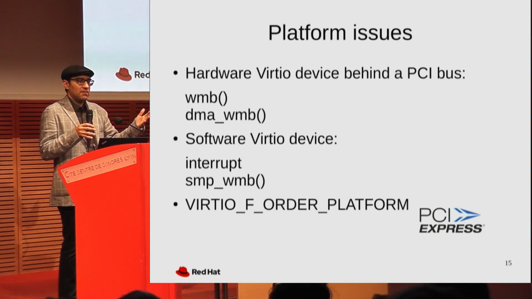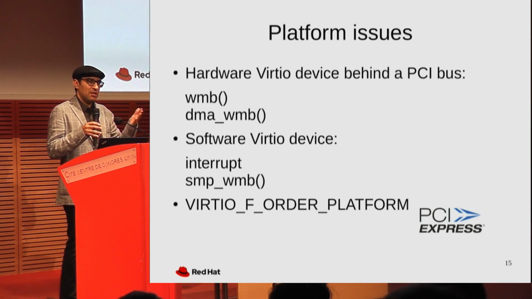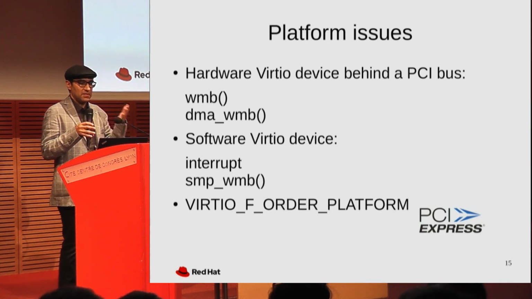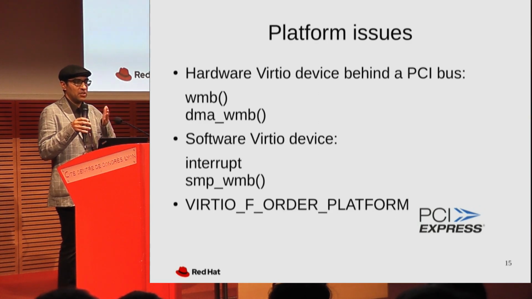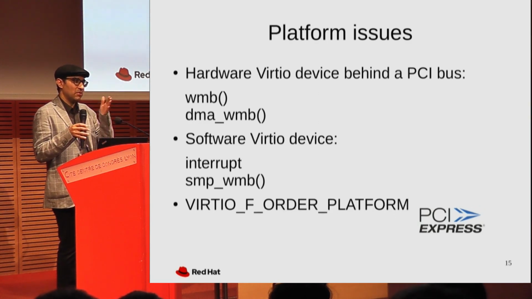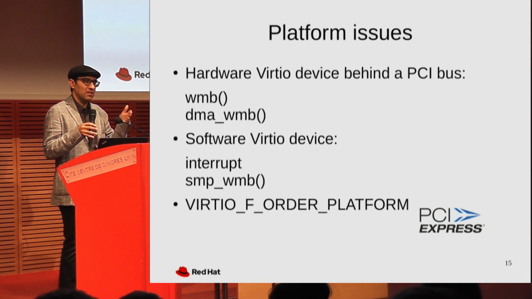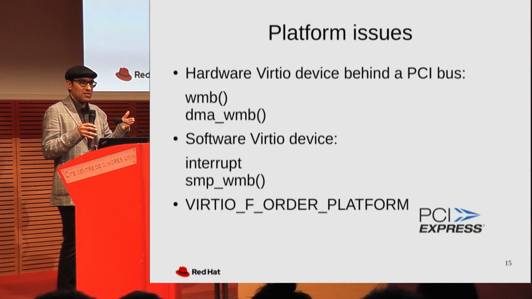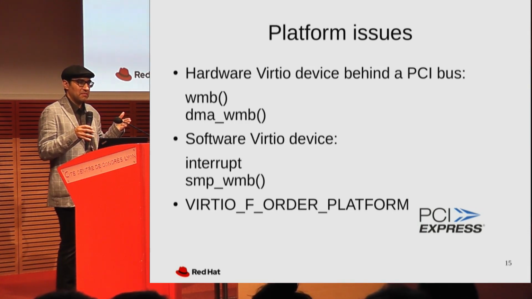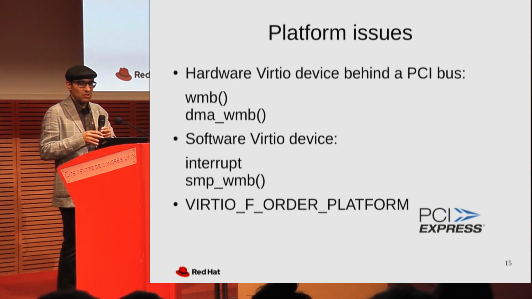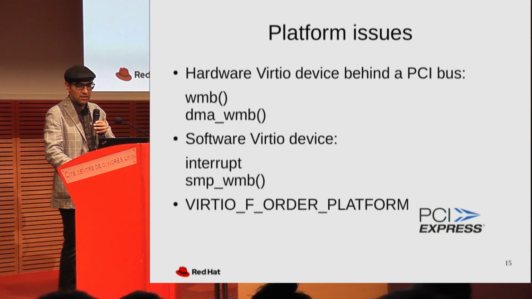So in this kind of situation, the software implementation actually can be a bit faster. So we have a special flag, and if you have a hardware implementation, you have to say, all right, you have to disable all of the optimizations that rely on cache coherency. That's the other platform flag, feature flag.